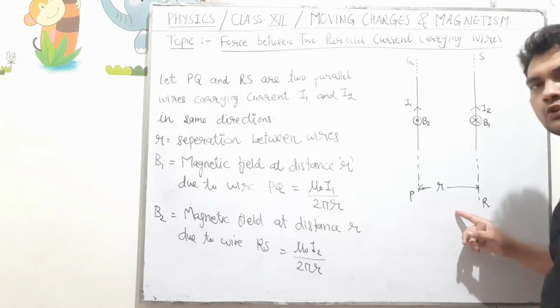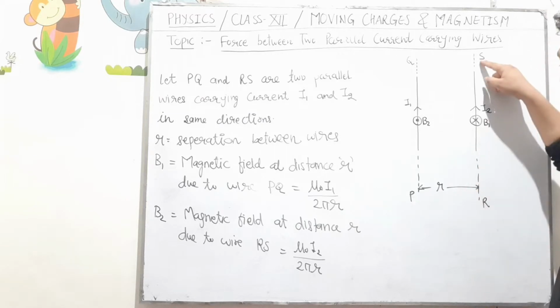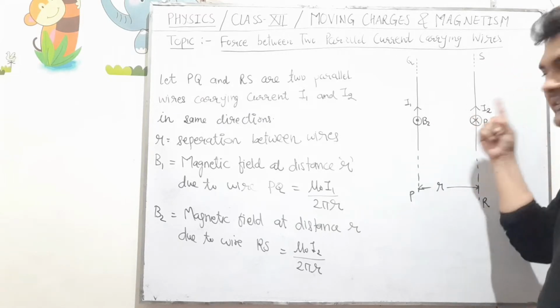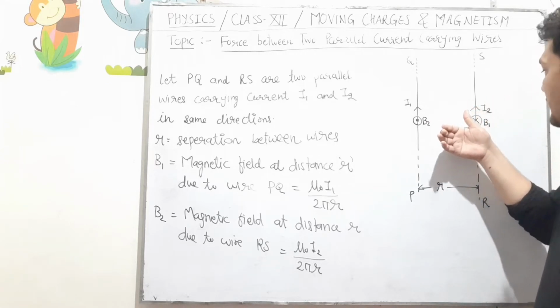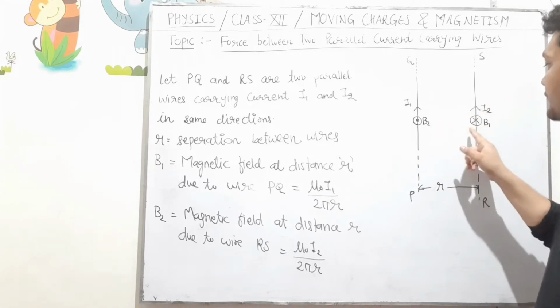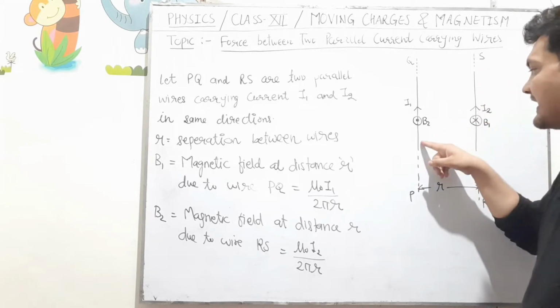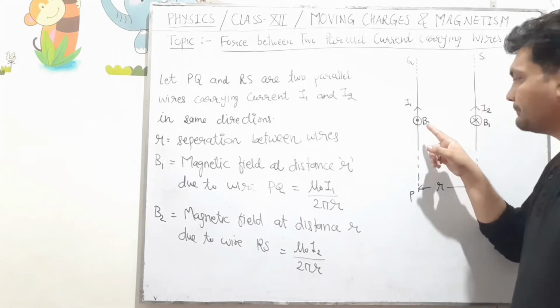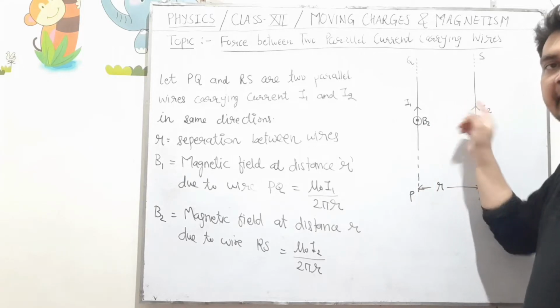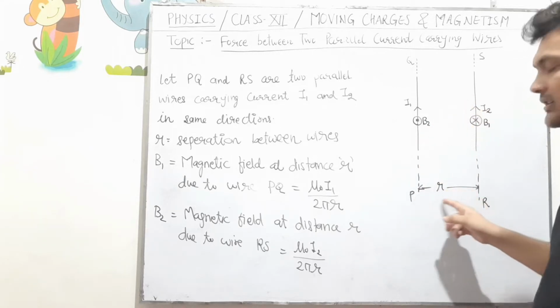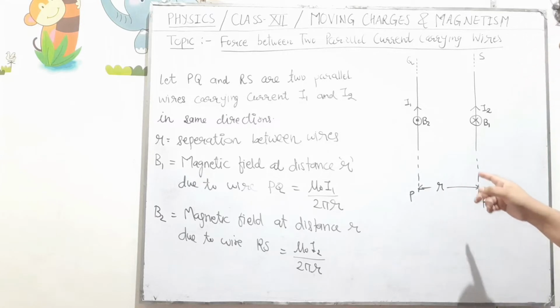Wire RS also produces a magnetic field around it, and that magnetic field is also in the form of concentric loops. The magnetic field because of wire RS at a distance r is B2.